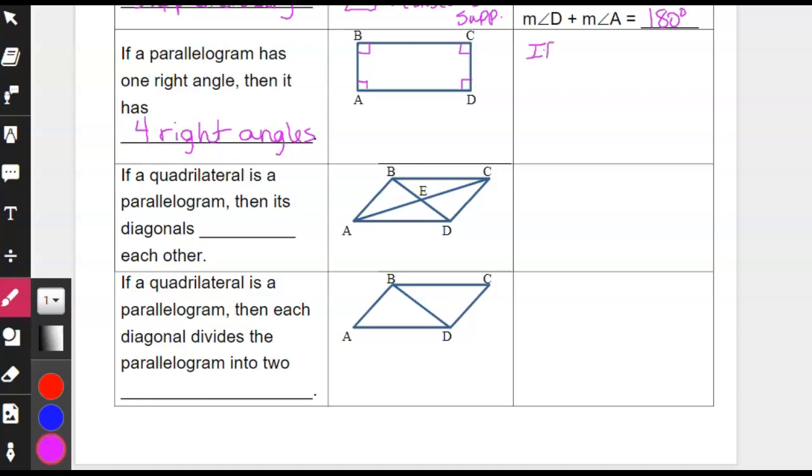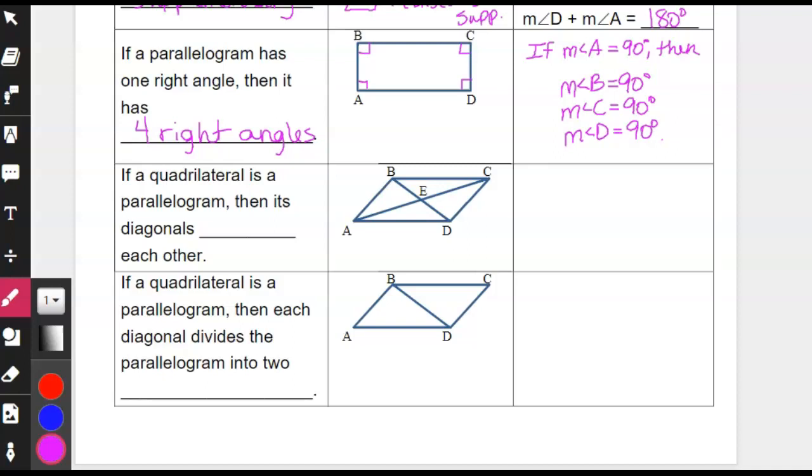So let's start out with the hypothesis that we have. If the measure of angle A equals 90 degrees, then the measure of angle B equals 90 degrees. The measure of angle C equals, and you guessed it, the measure of angle D also equals 90 degrees.